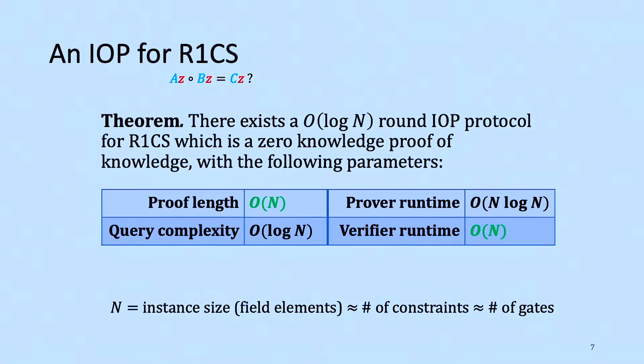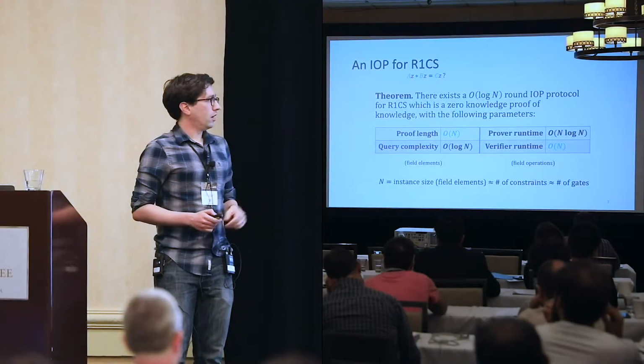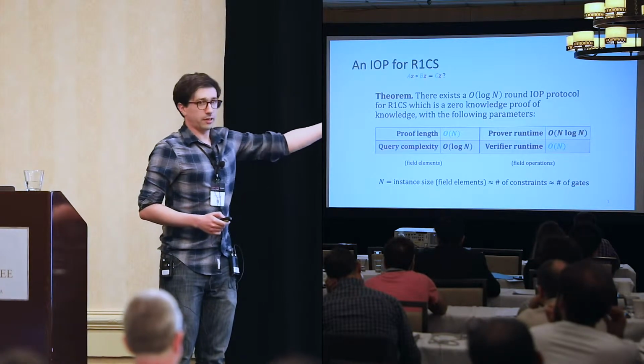We have log n query complexity, which is pretty good. Prover runtime is almost optimal, it's up to a log factor. And the verifier runtime is optimal also. So the cost of the verifier is not much more than the cost of just reading the circuit. And all of this is in terms of field operations, right? So if you cared about bits, you'd have a log |F|.